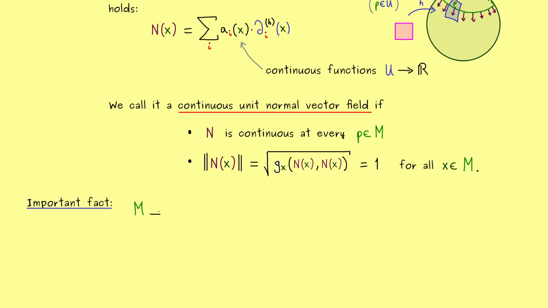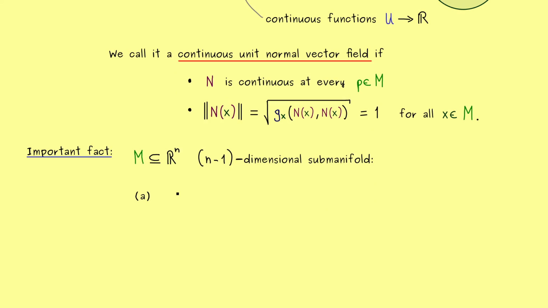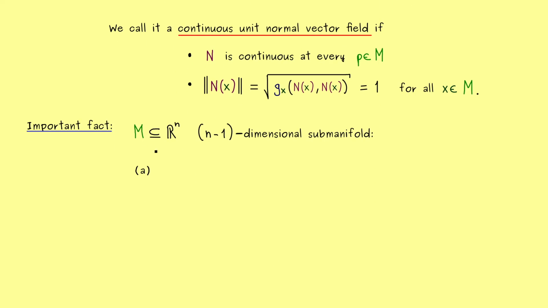More precisely, we want to consider submanifolds of codimension 1. This means they should be embedded in R^n and they should be of dimension n-1. And please never forget, this is a Riemannian manifold because R^n just carries the standard metric. Okay, so now the typical example you can have in mind here would be the two-dimensional sphere in R^3.